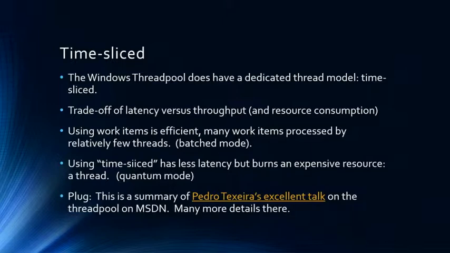One of the options on those APIs is that you want batched or time sliced. So the long-running thread is time slice. But it still comes out of the thread pool. It's still part of the system that is built on top of the kernel knowledge. And so you still get a lot of the benefit that you had before, but you get the benefit of long-running work. And here's the way you should think about it on time slice versus batch. Excuse me.